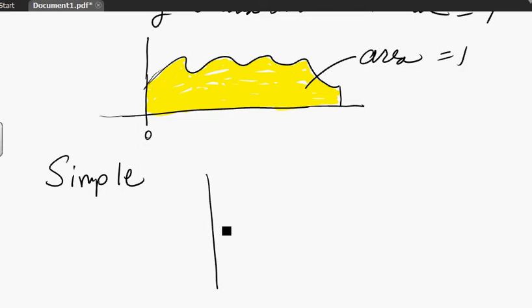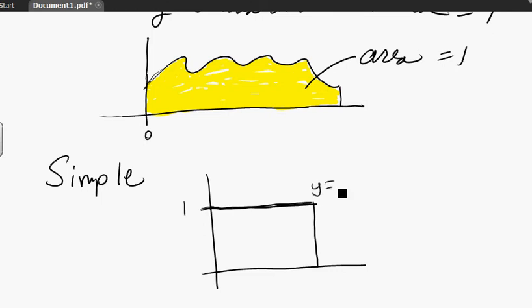And this I'm going to call a uniform distribution. And my curve is this line right here. Could you write the equation of that line that is a horizontal line that intersects the y-axis at 1? Y equals 1.